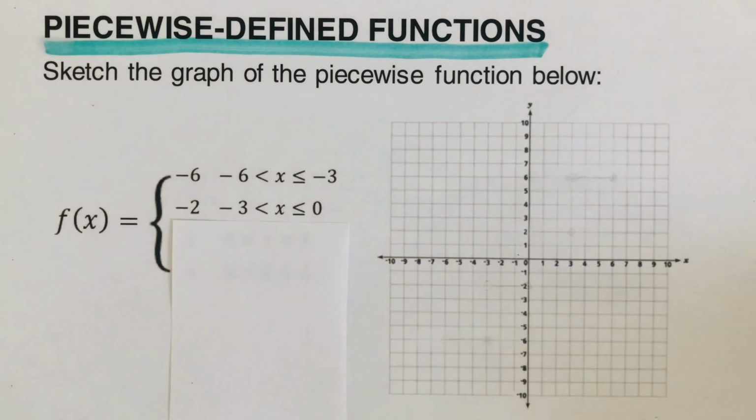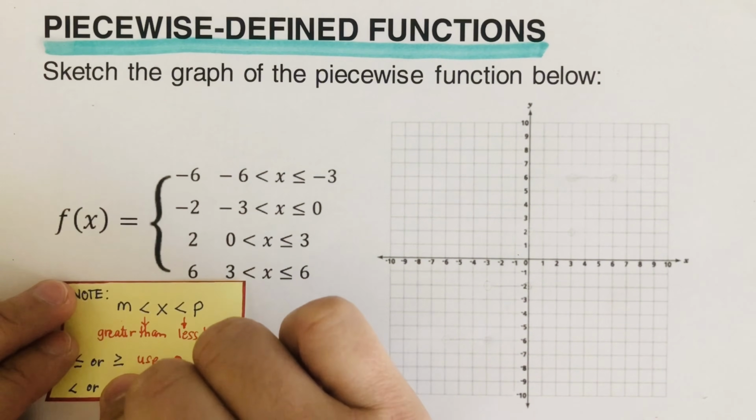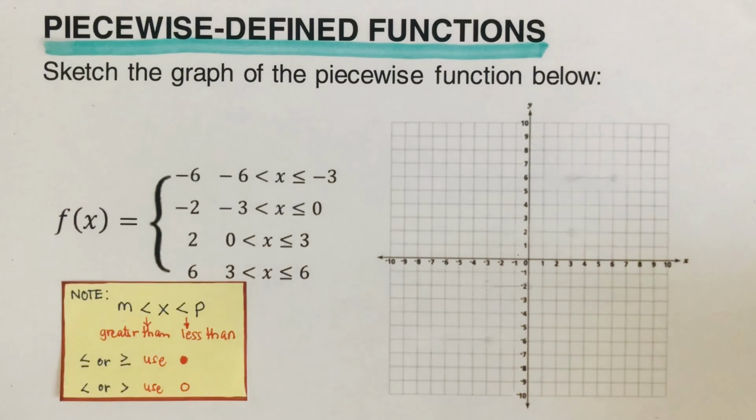Now let's have an example to better see how this works. Let's take the first one. Oh, by the way, before we move on, we should remember some important information. In this notation, this is read as x is greater than m and x is less than p.